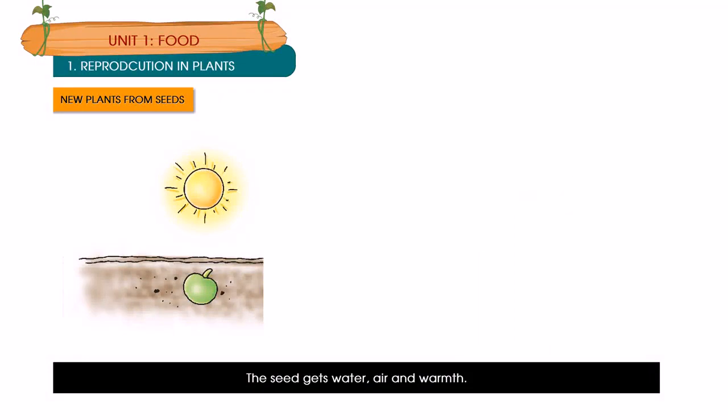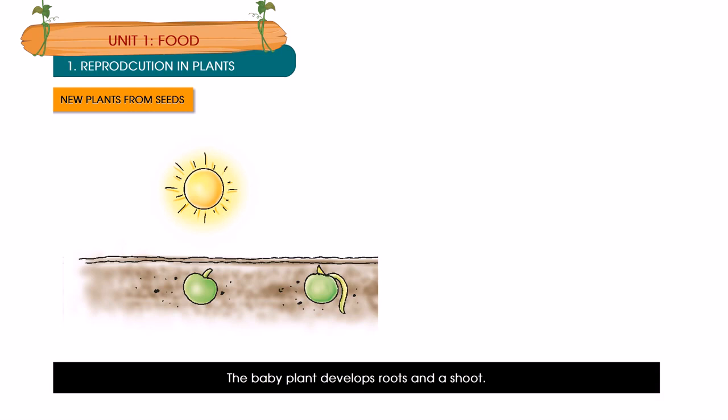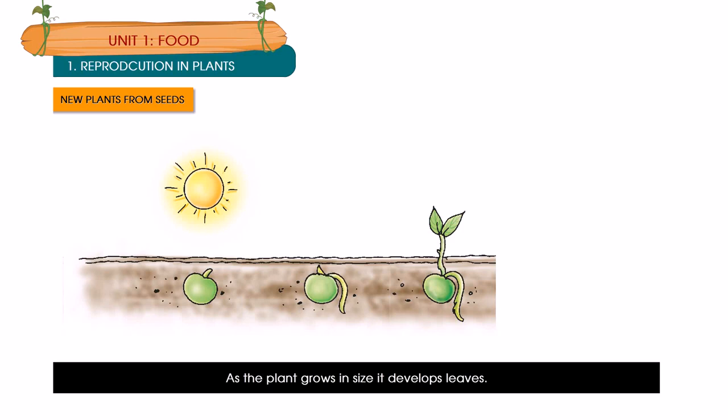The seed gets water, air, and warmth. The seed coat breaks and the baby plant emerges. The baby plant develops roots and a shoot. As the plant grows in size, it develops leaves. The cotyledons shrink and fall off.